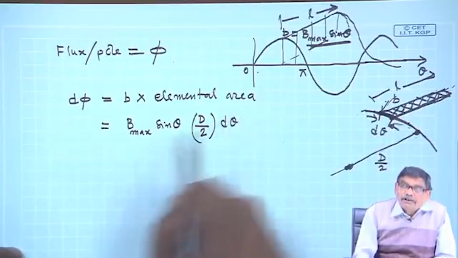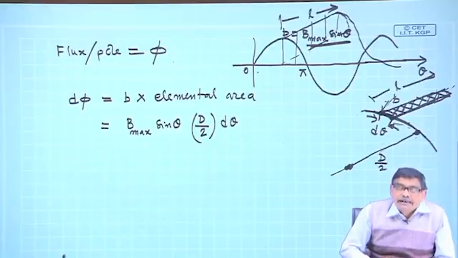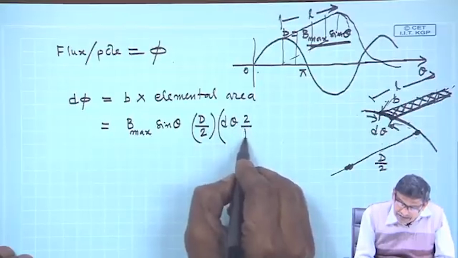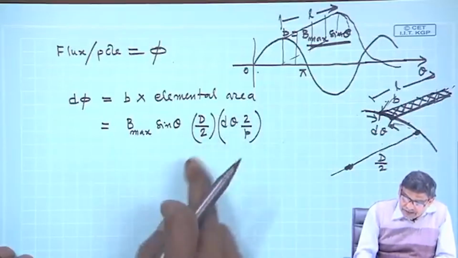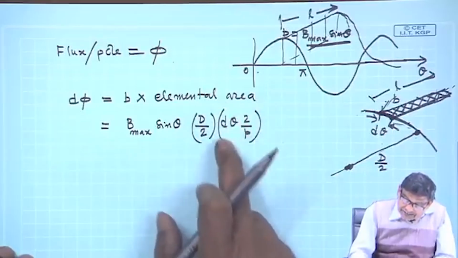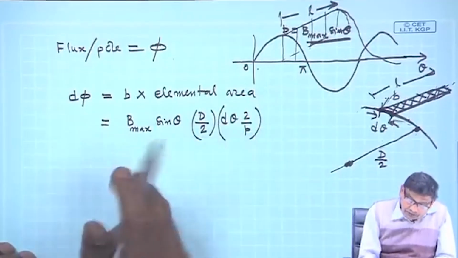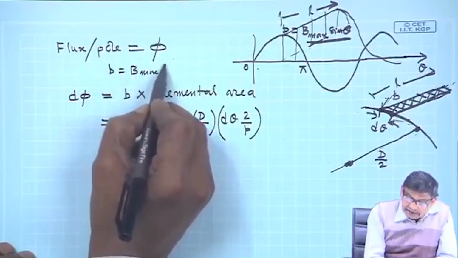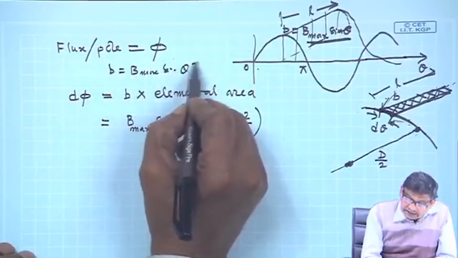This must be converted to mechanical degree, that is d theta into 2 by P. So, this theta, I have already told, B is equal to B max sin theta, theta in electrical.